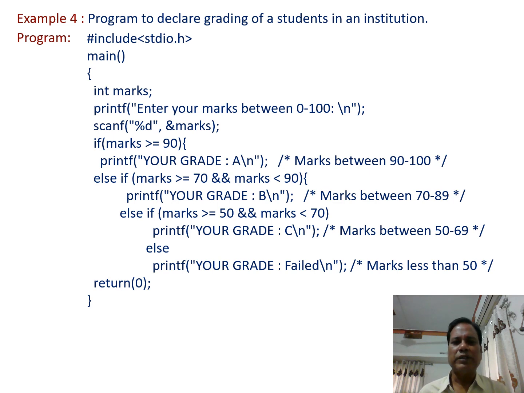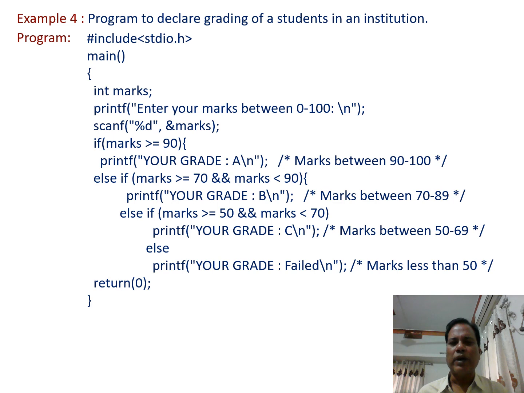That marks value is taken in by the scanf function and is stored in the variable marks. Then using the if else if ladder: if marks is greater than or equal to 90, if this condition is true, then we print your grade is A. Otherwise, we go to the else if part.